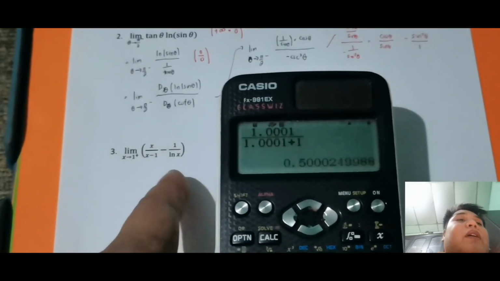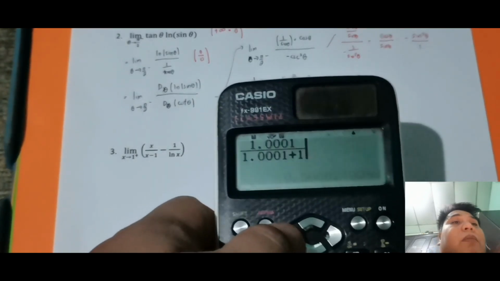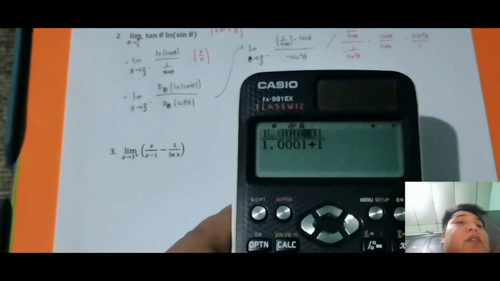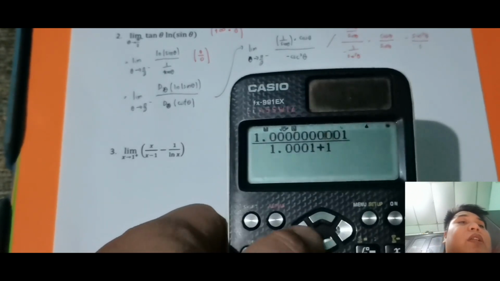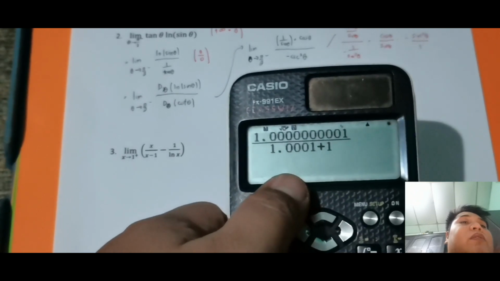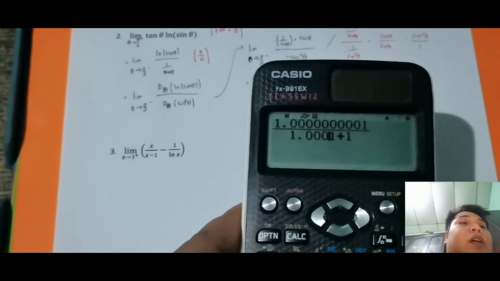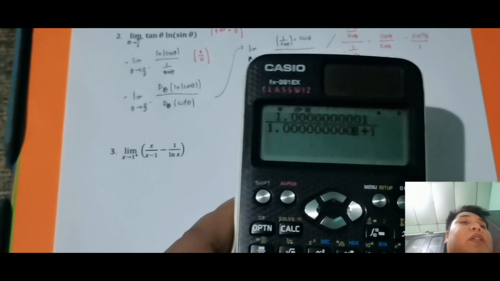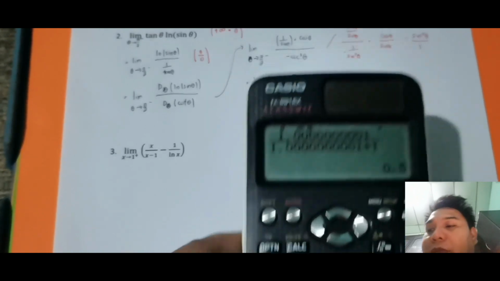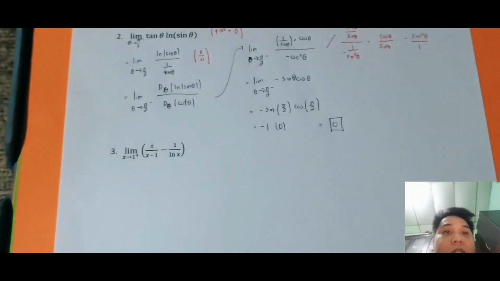Damihan natin ng 0, pero dapat parehas. Approaching 0.5 siya.